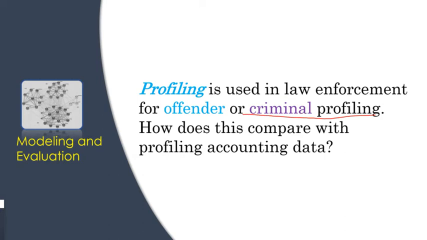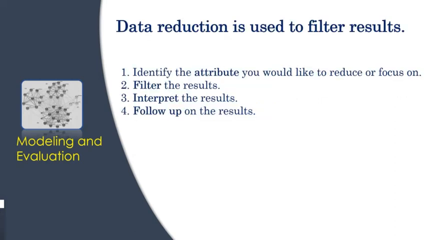How does this compare with profiling accounting data? We have an average behavior of humans, so the criminals will be doing something that doesn't match the average. And data reduction is used to filter the results.